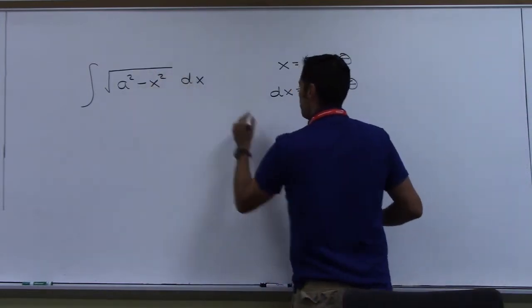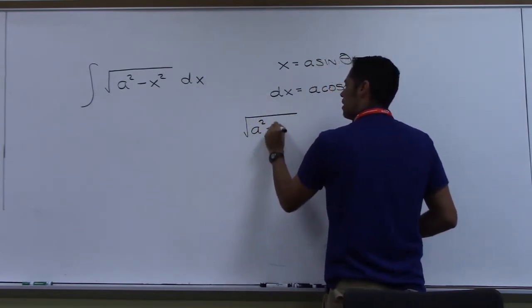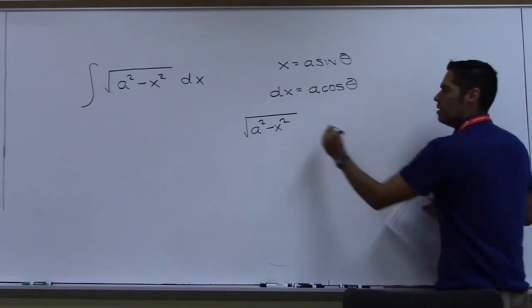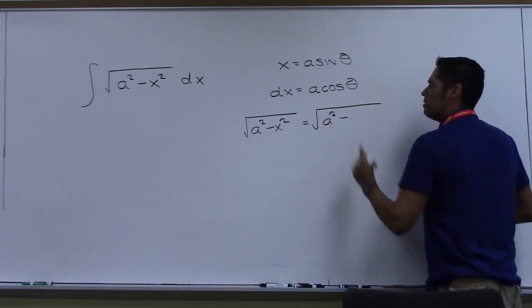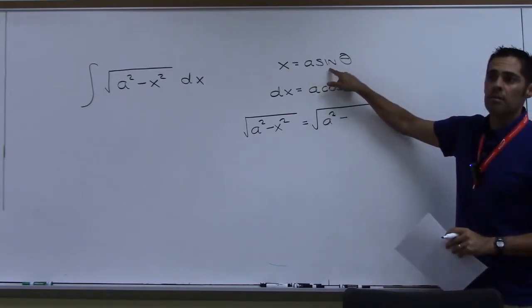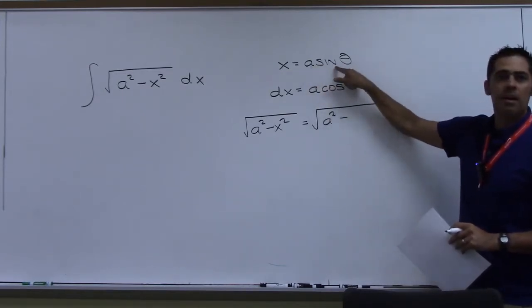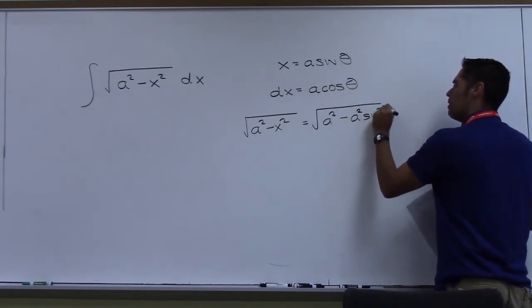So that whole square root thing, what is it going to turn out to be? A squared minus x squared, which is a squared minus whatever we said x was, a sine theta squared. So you square the a and the sine, and you get a squared sine squared theta.